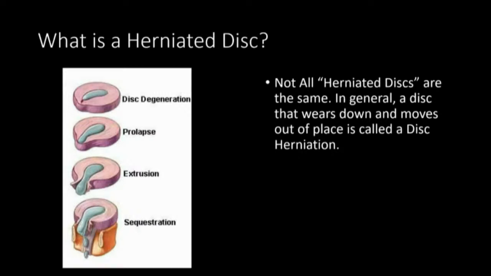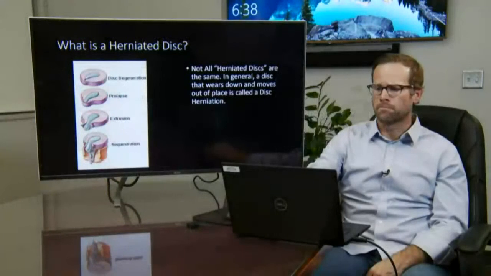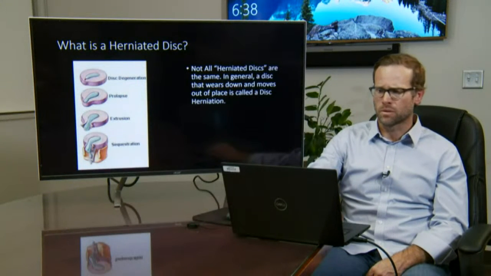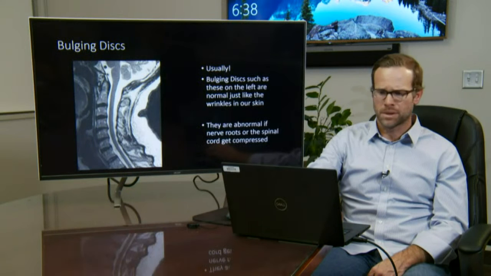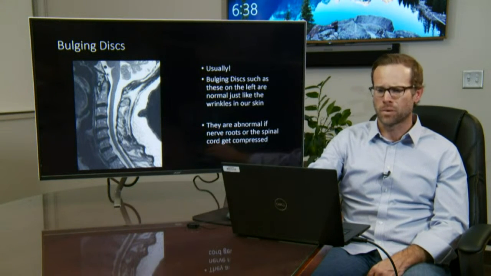Again, I invite you to go through my talk later, or any number of endless sources on the web, to educate yourself on the anatomy of the cervical spine. The vast majority of bulging discs are normal. As I mentioned, usually they are typically and expectedly part of the wear and tear aging process.